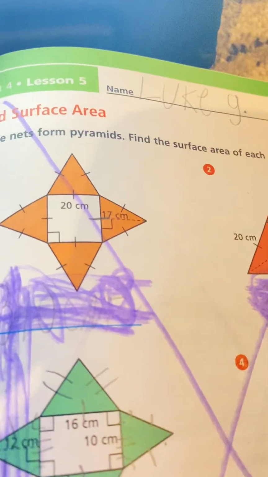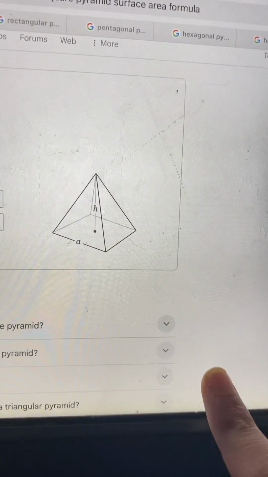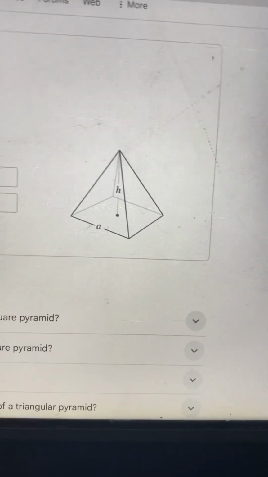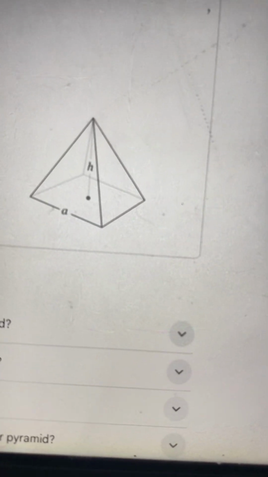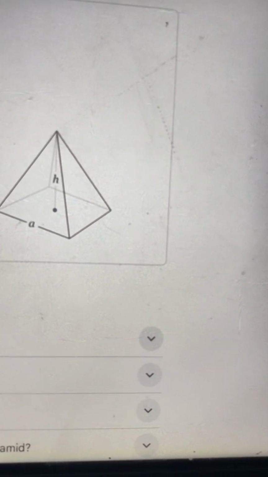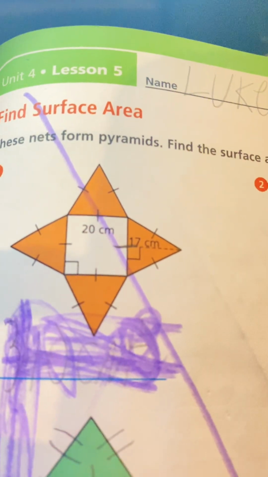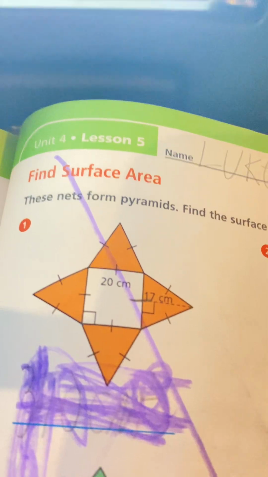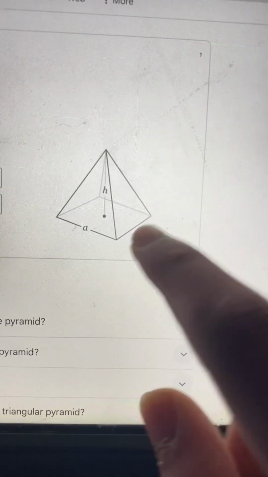And then the height. The height of the square pyramid typically applies to the height of the pyramid itself. However, we could make things less complicated by simply flattening out the square pyramid.